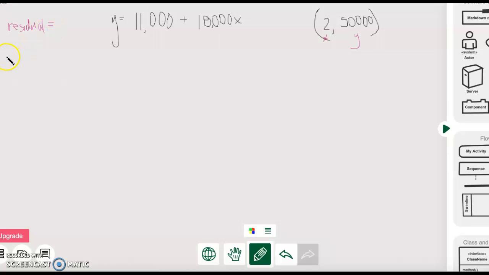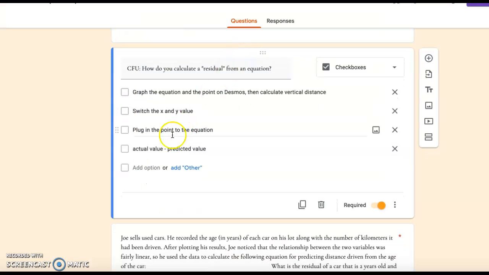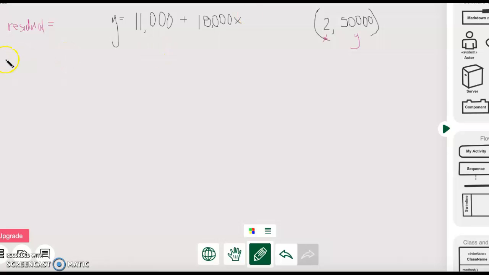The formula is we're going to take the actual value and we're going to subtract the predicted value, which I'll explain what those things are in a second. So just to keep in mind, the residual is always going to be the actual value minus the predicted value.